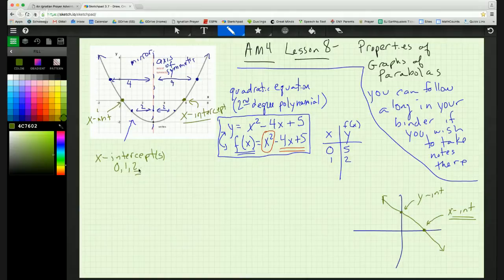But for purposes of today, let's not worry about that. Let's just talk about this shape on this graph in particular right here. So we've talked about some key points, and let me just call those out. We've talked about the axis of symmetry. We've talked about x-intercepts, and we can have 0, 1, or 2.